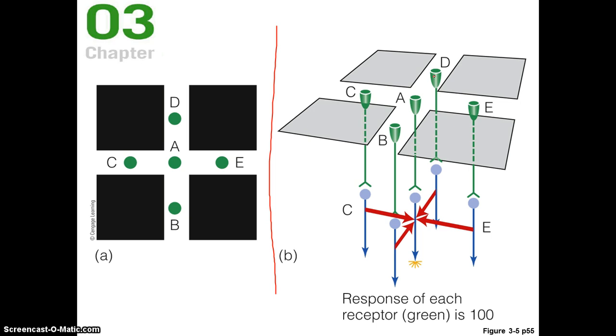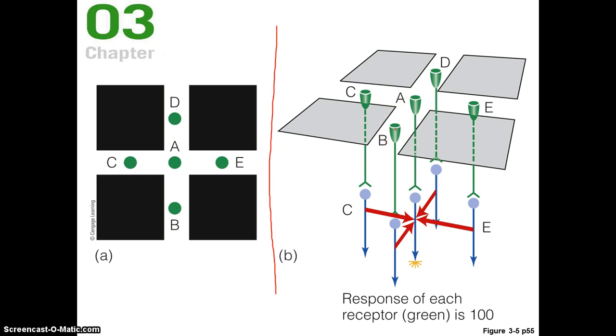And you'll notice that each of these receptors is located over a different portion of the Hermann grid, which maps onto where you would see them here above the Hermann grid. So let's start with receptor A. Receptor A is located right over the intersection of the two white lines, so we could see receptor A there.